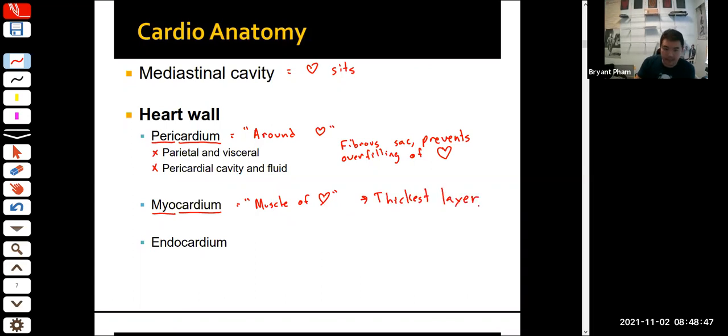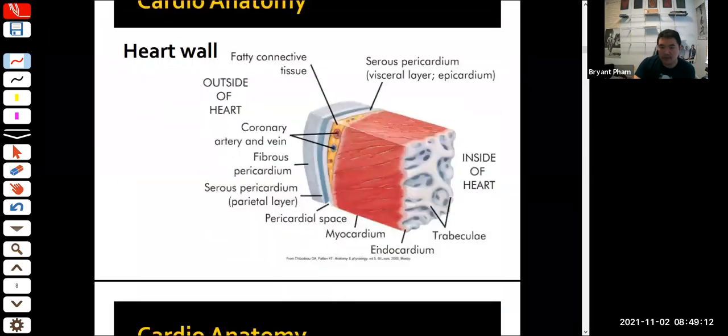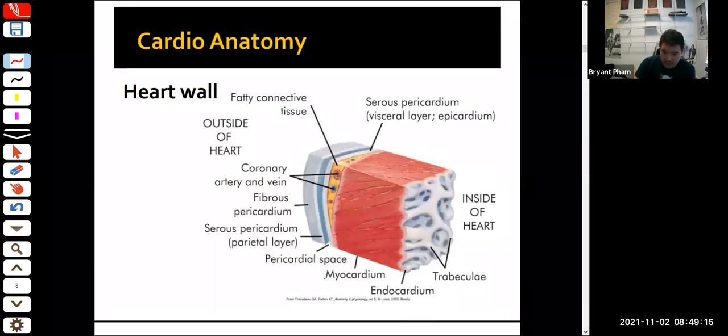Endocardium. Very straightforward. It's the inside of the heart. So just showing you the pictures there. Again, it should make sense why the myocardium is the thickest. That's the one job your heart has to do. You need a lot of muscle.